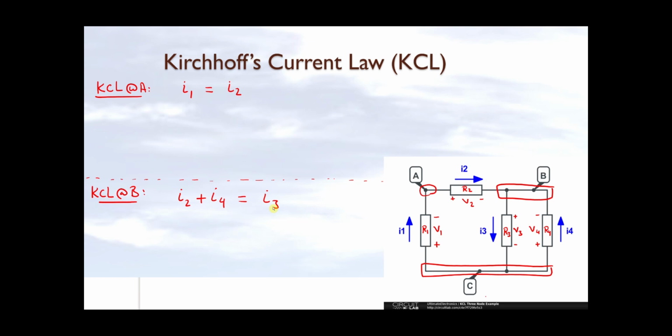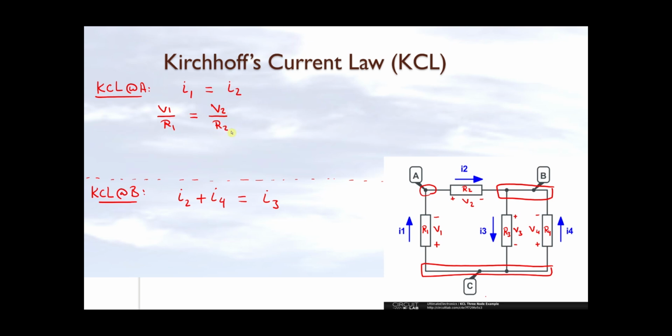Okay? One can suggest, how about we use Ohm's law? If I use Ohm's law, I can represent each of these currents as a voltage over a resistor. So I1 would be the voltage V1 divided by resistor R1. This is using Ohm's law. Same for I2. I2 is the current going through R2, so I can write it as V2 over R2.